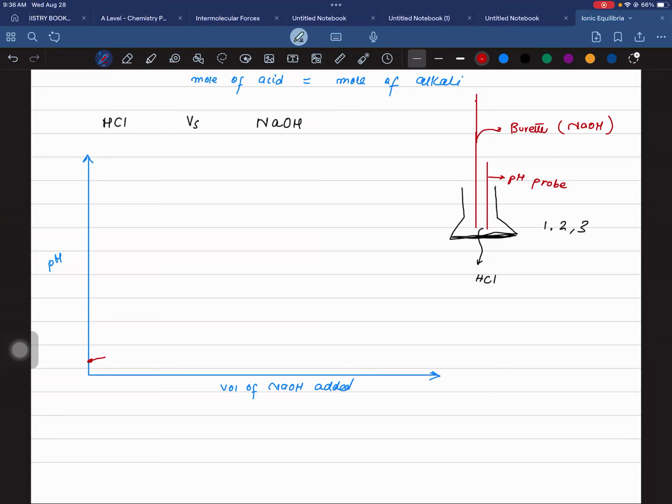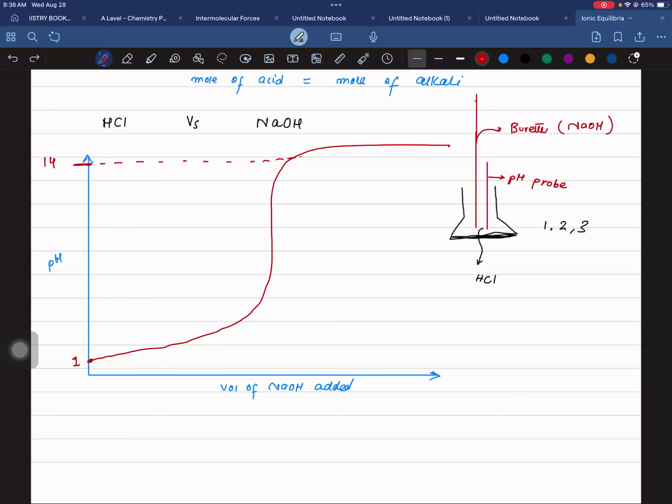I'm going to add more base, then this is neutralization, and the line becomes straight, when the pH is equal to 14, let's suppose. So this was the initial pH, and this is the final pH.